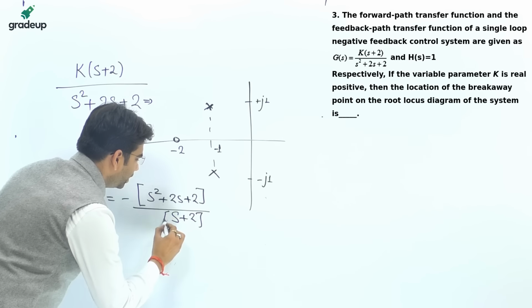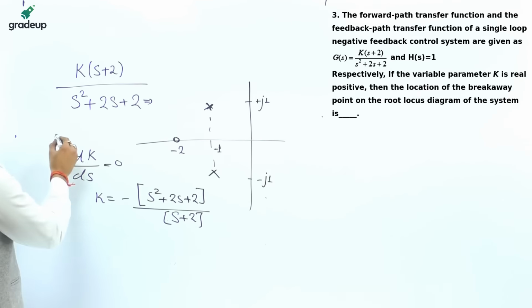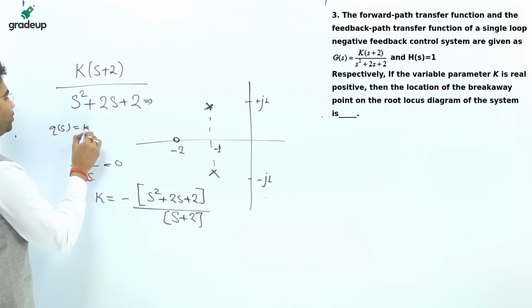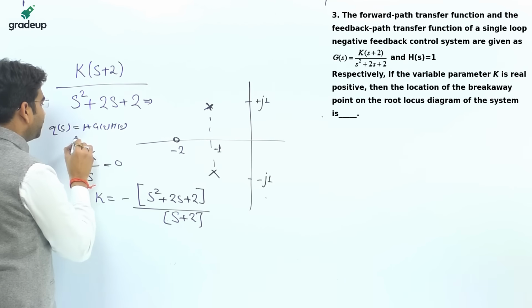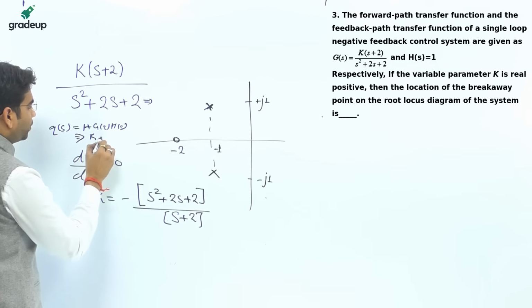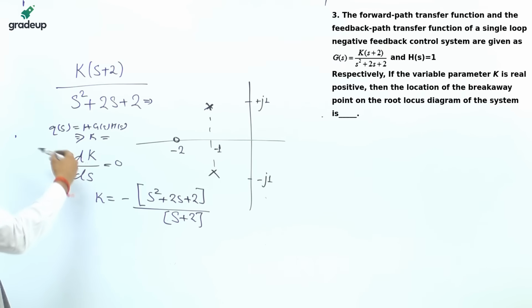It is a shortcut. You don't need to derive the characteristic equation Q(s) equals 1 plus G(s)H(s) and calculate the value of K from that. So it is a shortcut.